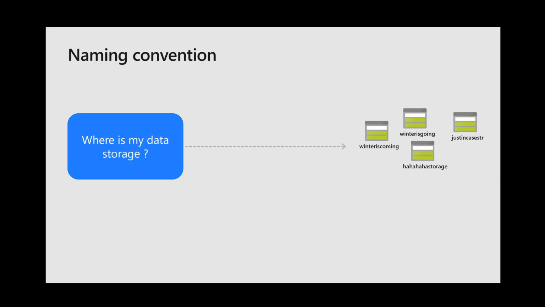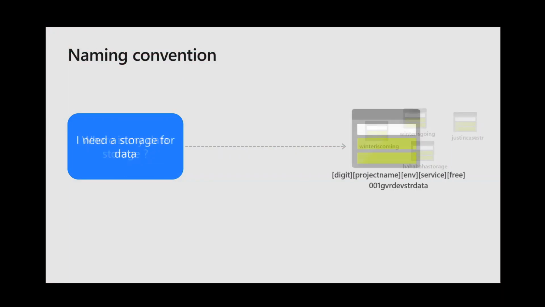We apply DevOps to achieve an important time to market, and now we are going to lose time just to get my data. So we need a naming convention to win time. One of the typical naming conventions is the digit, project name, environment, service, and the free name.